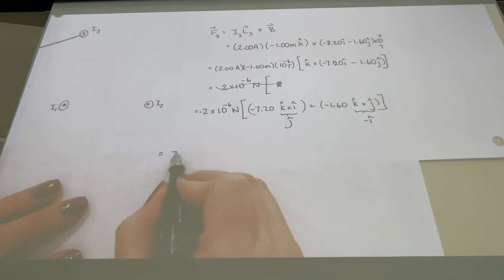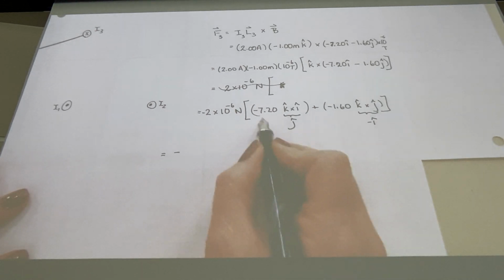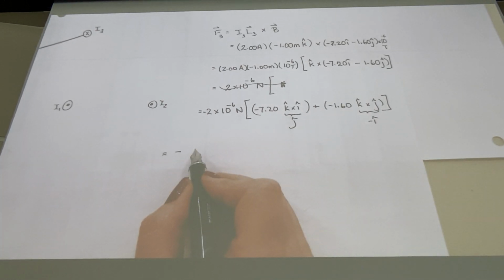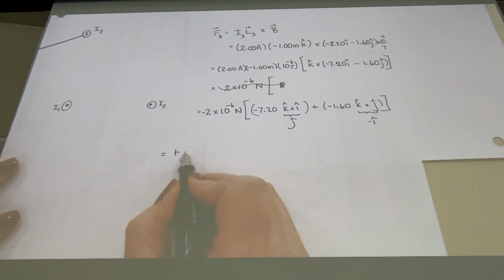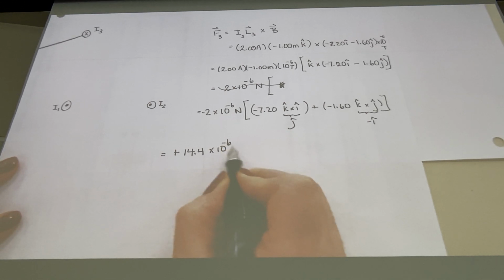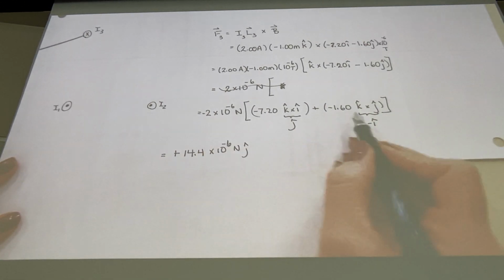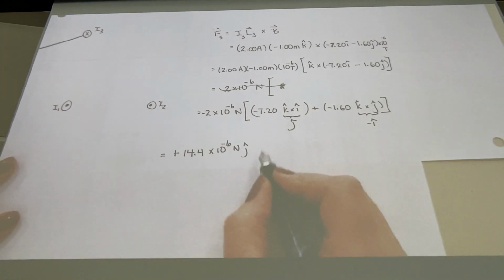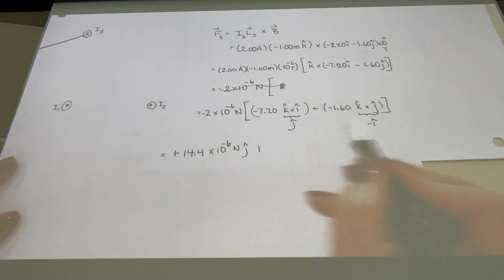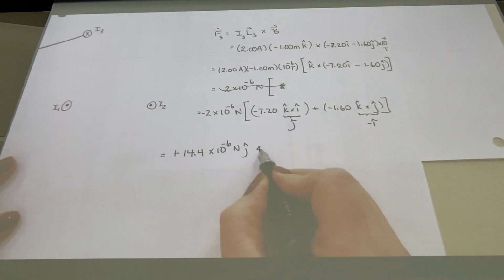So I've got minus 2 times 10 to the minus 6 times negative 7.2 gives me plus 14.4 times 10 to the minus 6 newtons J. And then minus 2 times 10 to the minus 6 times minus 1.6. Oh, and then I've got my minus I. Okay, so that gives us a minus.